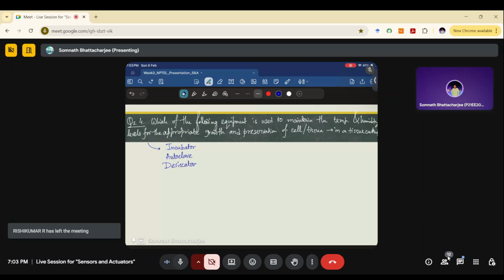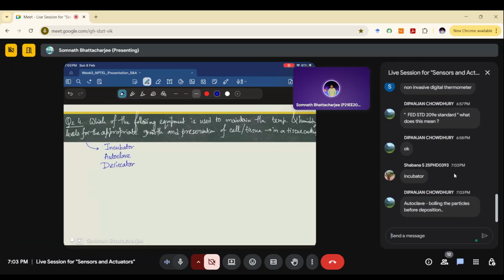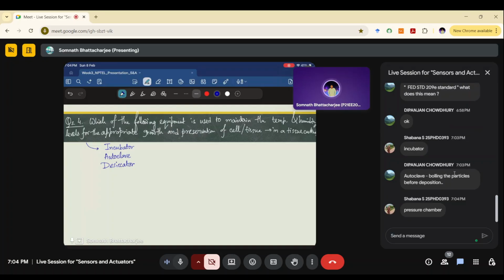Autoclave, just a second, let me check the text. Boiling the particles before deposition. So what exactly is an autoclave? The primary thing an autoclave does, yeah, perfect, is that it is a high pressure and high temperature steam chamber where you in general sterilize your lab equipment, medical tools, and these kinds of things.